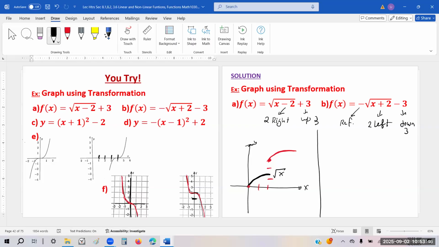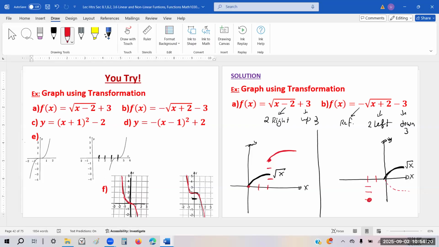Wonderful. So going left and down, let me draw my axis here. The original square root here. First step is reflection. So you reflect, it becomes this weird shape, down. From that reflection, you go 1 left, 2 left, and from that position, 1 down, 2 down, 3 down here.